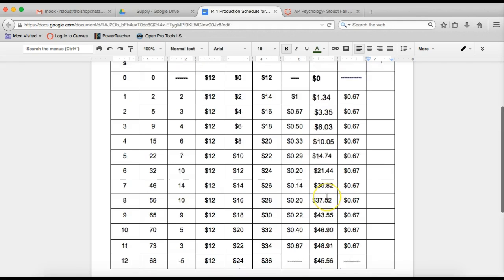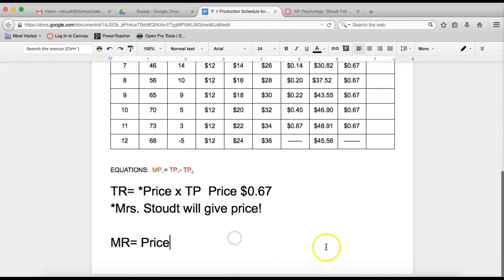So the equation at the bottom you can put in is P or L, profit or loss, is equal to the total revenue, because that's how much we take in from selling our airplanes, minus the total cost. So profit or loss is total revenue minus total costs.